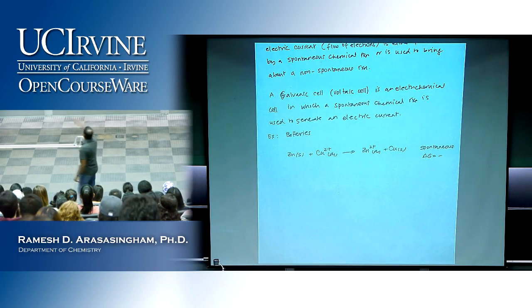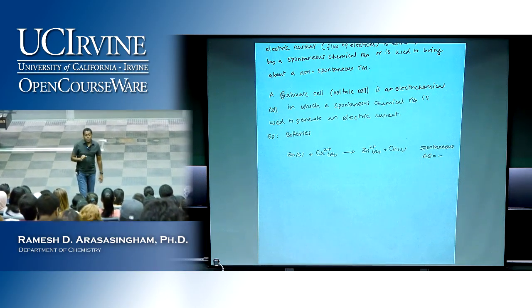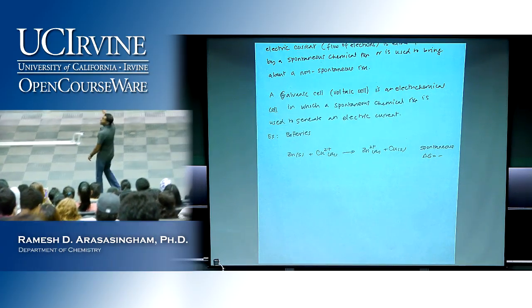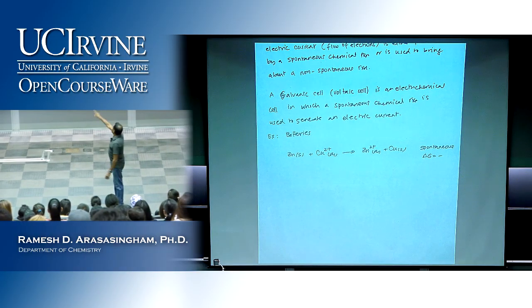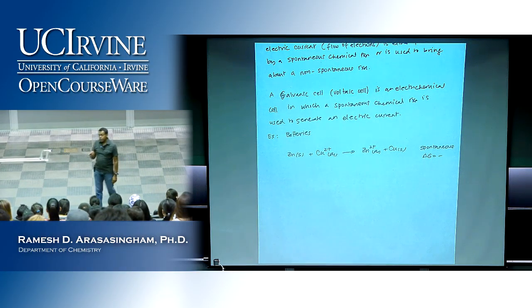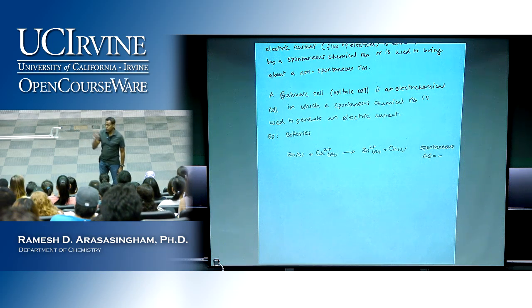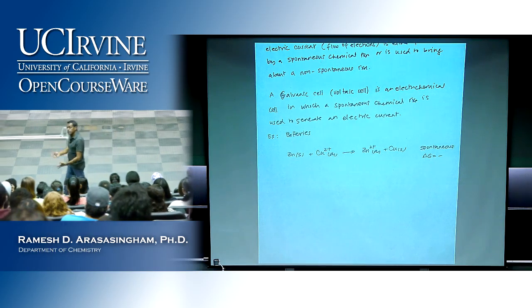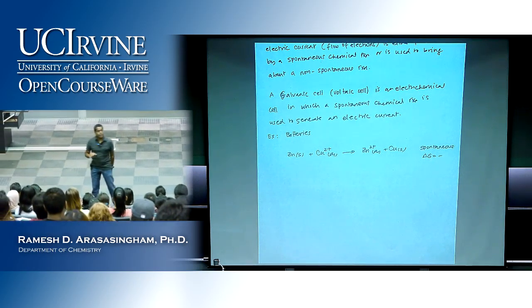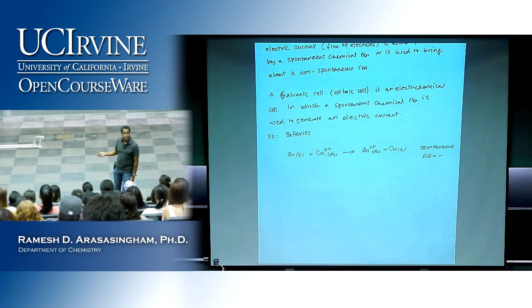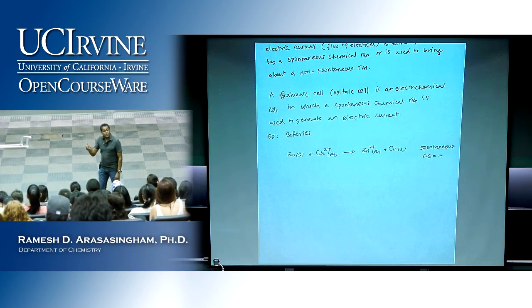Now, when we analyze this reaction, we know 2 electrons are being transferred. So if I have 1 atom of zinc and 1 copper ion, 2 electrons will be transferred. Now, if I have billions upon billions of zinc atoms and billions upon billions of copper atoms, how many electrons will be transferred?